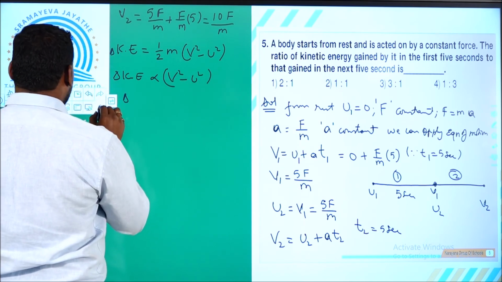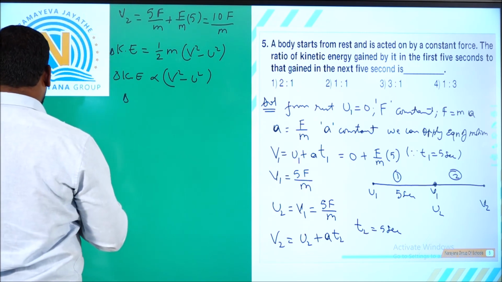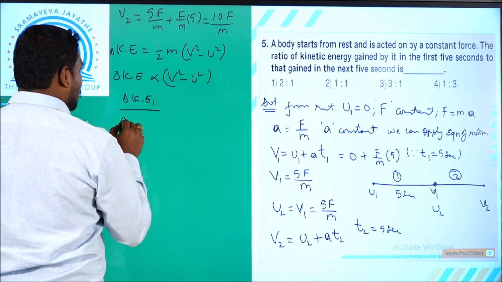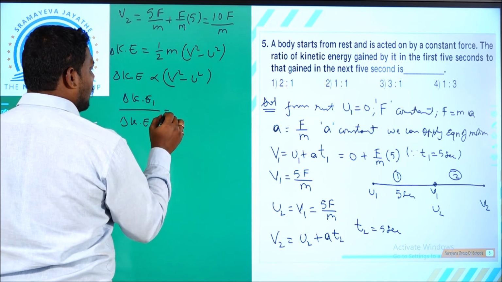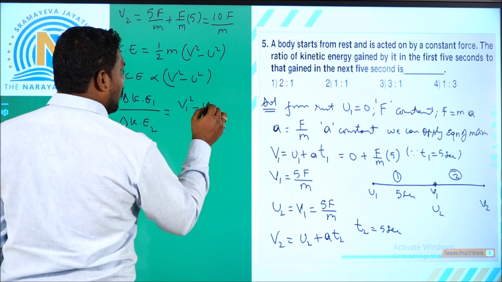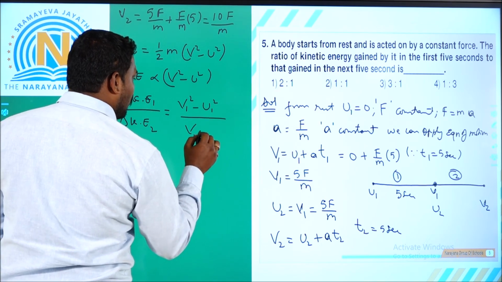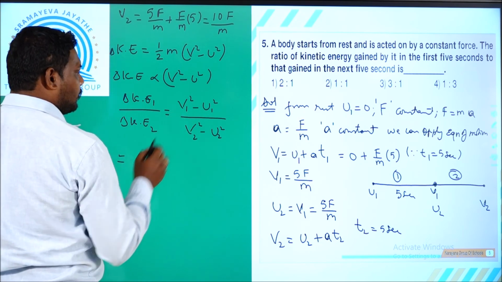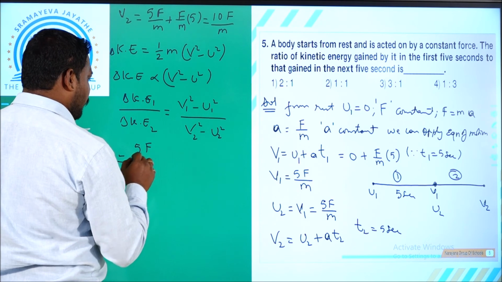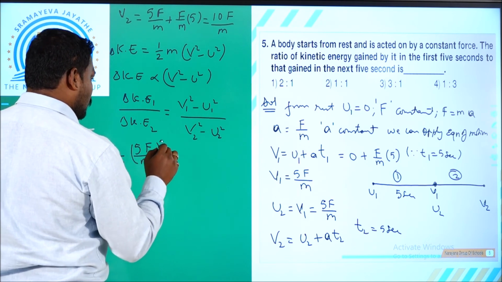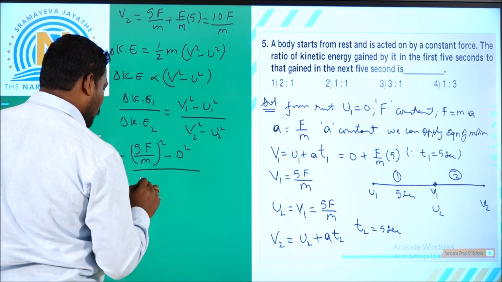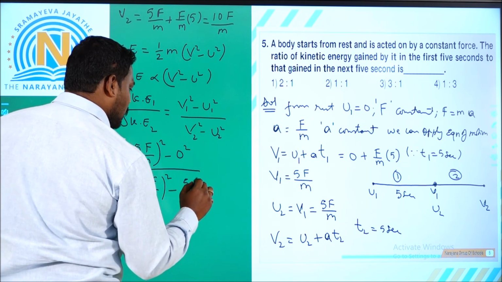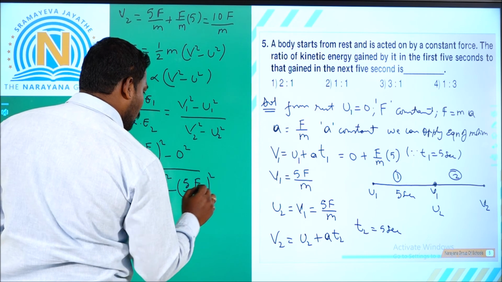That is, the change in kinetic energy of first body to the change in kinetic energy of second body will be equal to v1 square minus u1 square by v2 square minus u2 square, which is equal to (5f by m) whole square minus 0 square by (10f by m) whole square minus (5f by m) whole square.